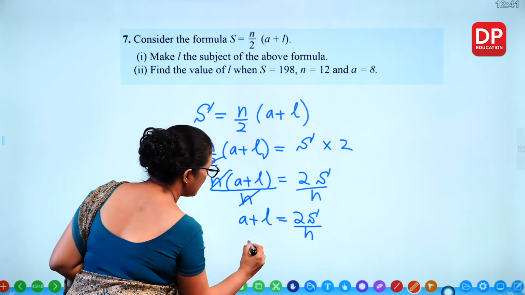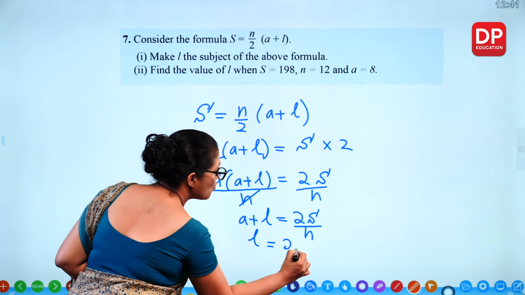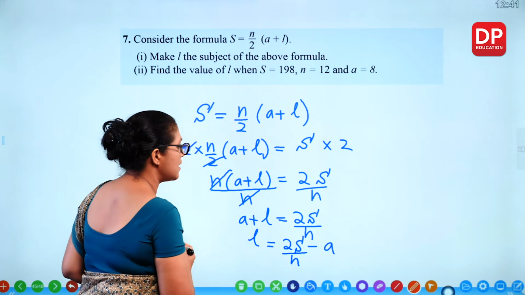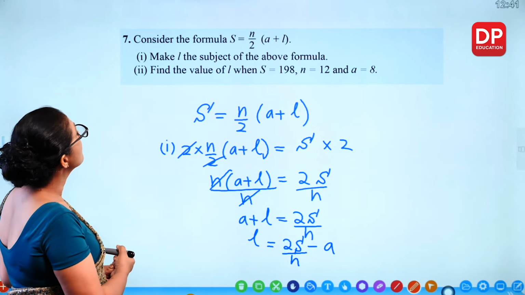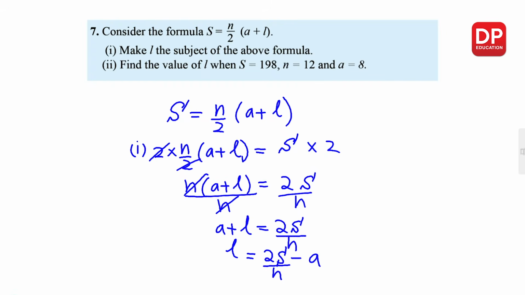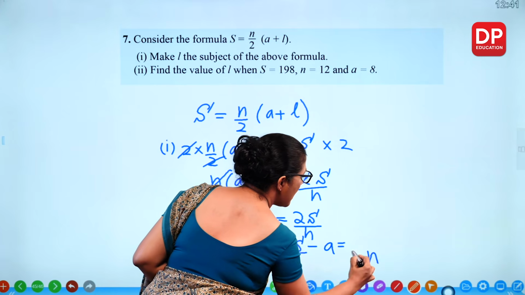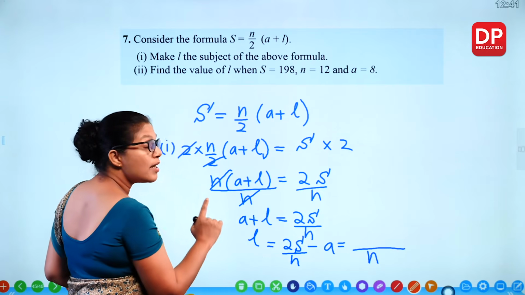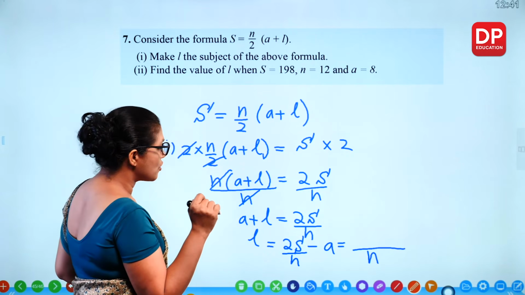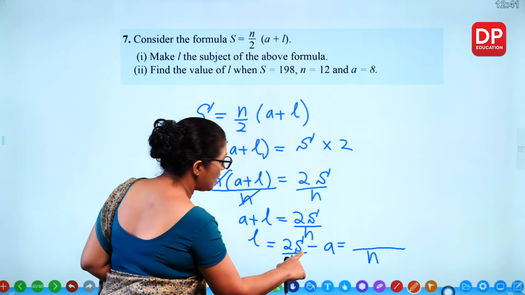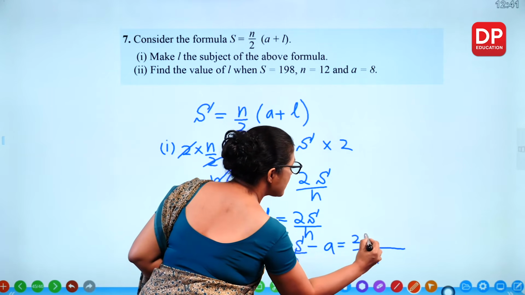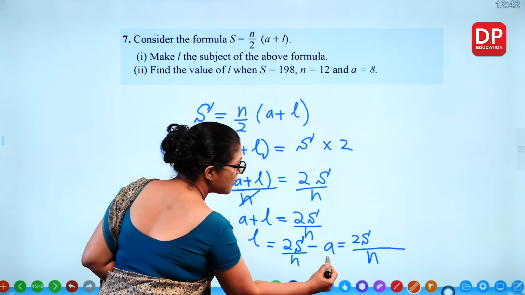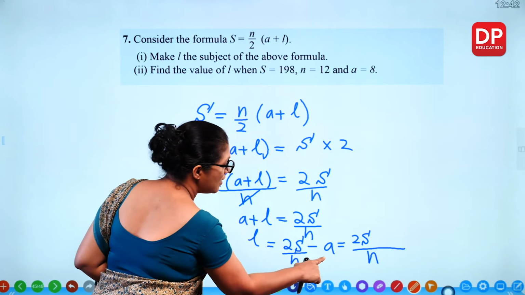Now I need L. So keep L in one side. So 2s over n minus a. You can either keep it like this or keep L as the subject of the formula. So here we get 2s, make n the lowest common multiple here, na.